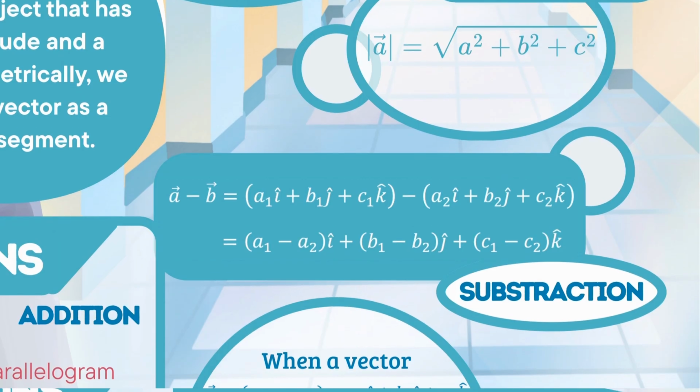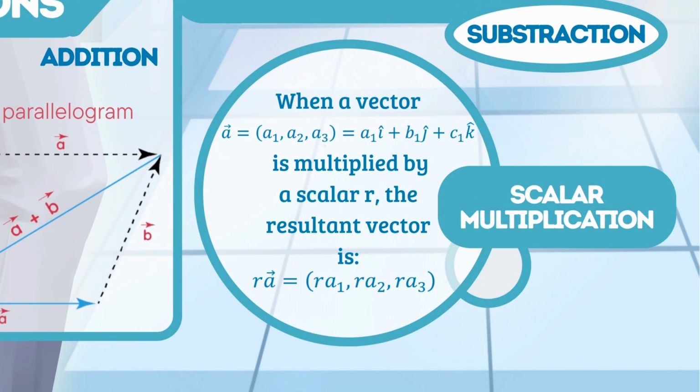The last operation is scalar multiplication. A scalar is a real number that has no direction. When a scalar is multiplied by a vector, we multiply the scalar by each component of the vector. The operation of multiplying a vector by a scalar is called scalar multiplication.